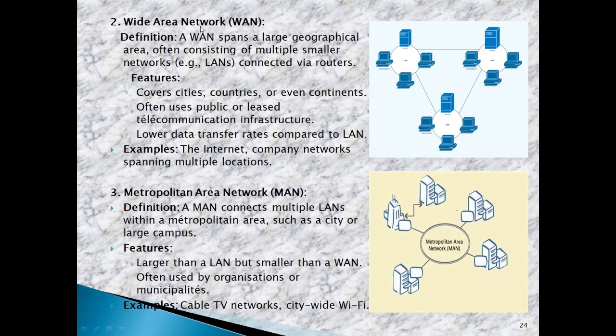Now we also have what is called a wide area network. What is a WAN? Which is simply called WAN. A WAN spans a large geographical area which consists of multiple smaller networks or LANs connected via routers. Let's take an example. Look at this diagram here. You can see this is a local area network, maybe within an office complex.